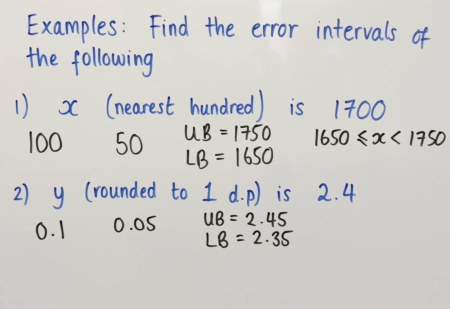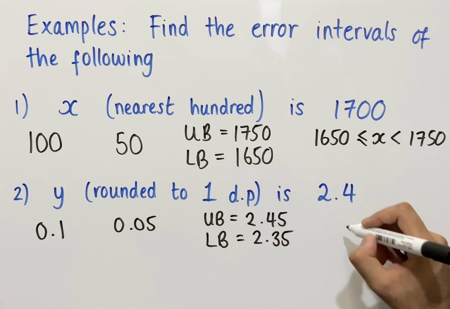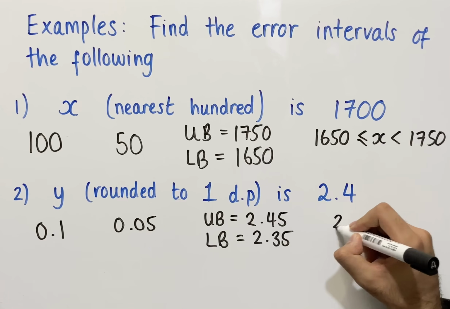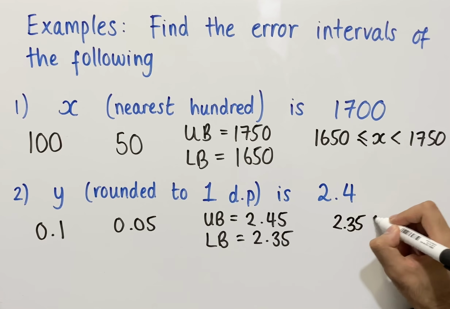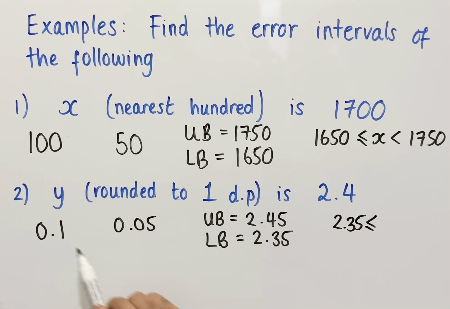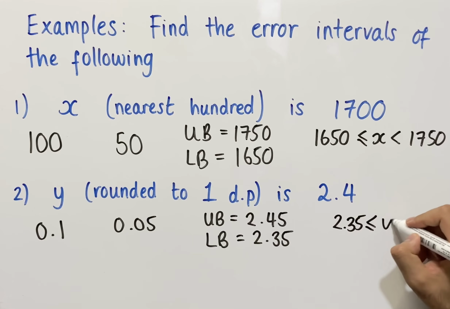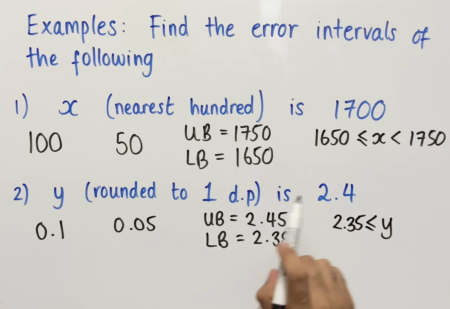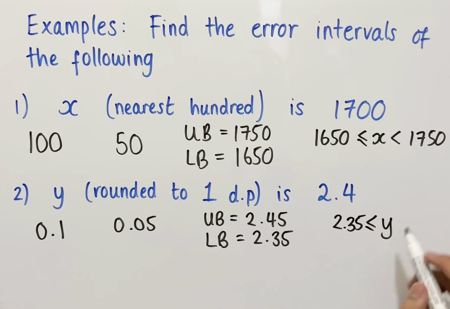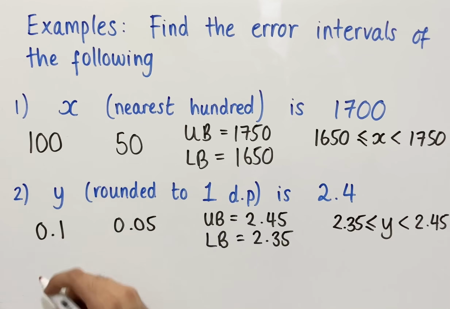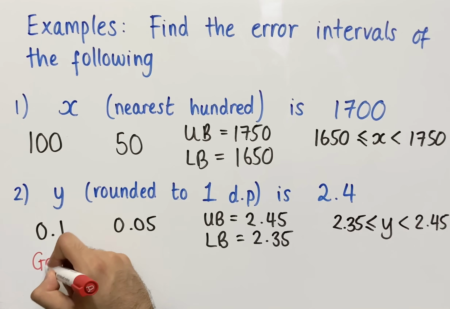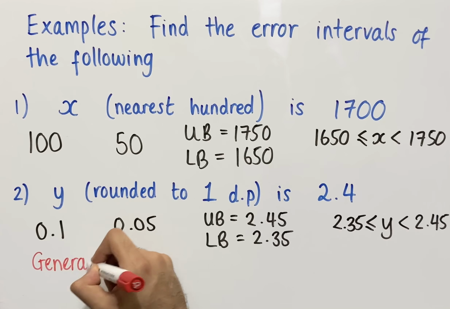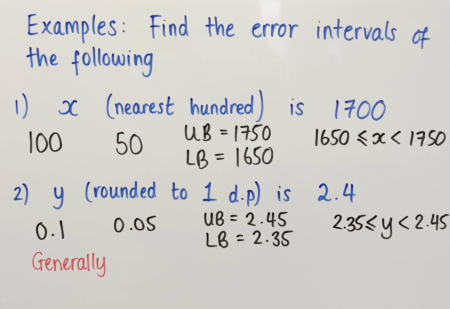And then finally, for our error interval, we have the lower bound, so 2.35 is less than or equal to y, which is any number that when rounded to one decimal place is 2.4, and our upper bound, so y is less than 2.45.